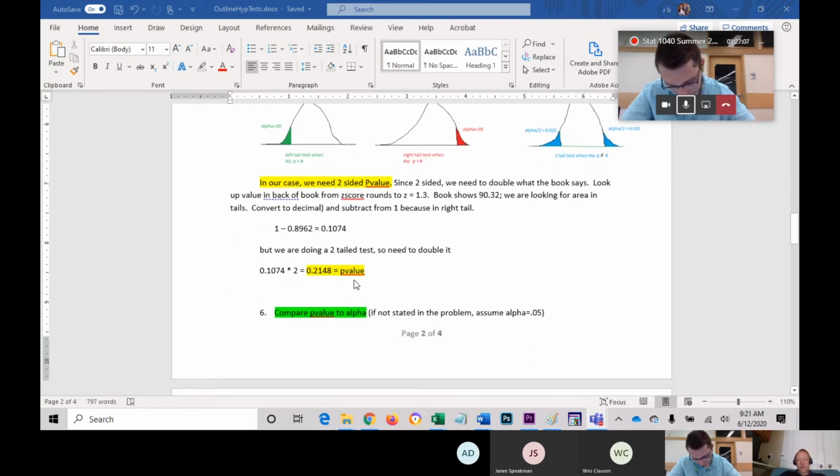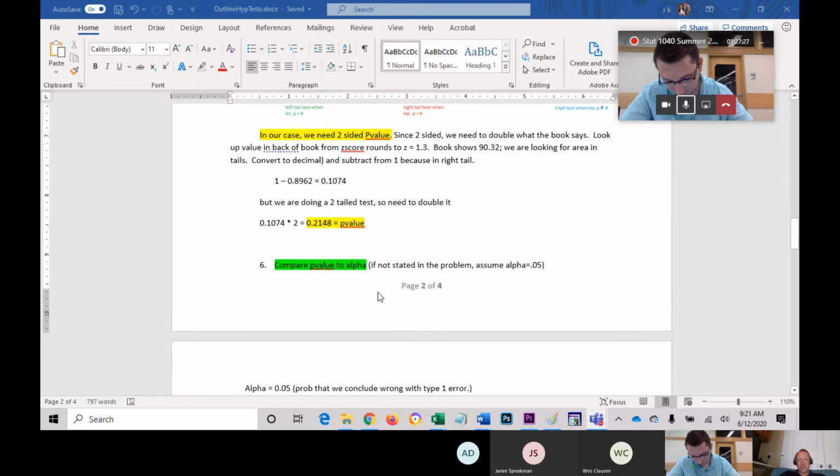Step number 6, compare your p-value to alpha. And we assume it's 0.05 if it's not stated in the problem.